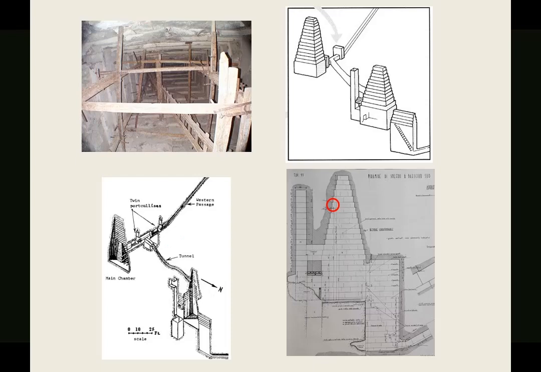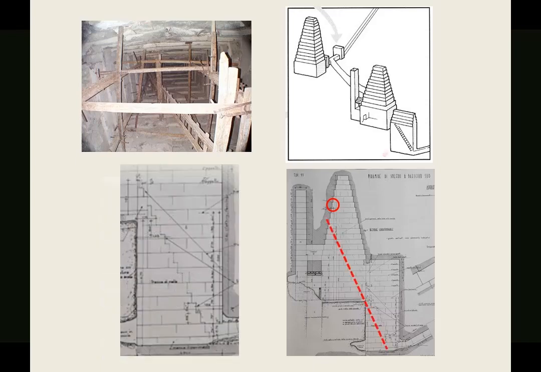But in the early 1900s, they built this scaffolding to get a ladder up to the entrance to that tunnel. And if you look, originally, there were steps that went from down here up to the entrance to the tunnel. That tunnel, crawling through it, it's big. It's comfortable to crawl through.